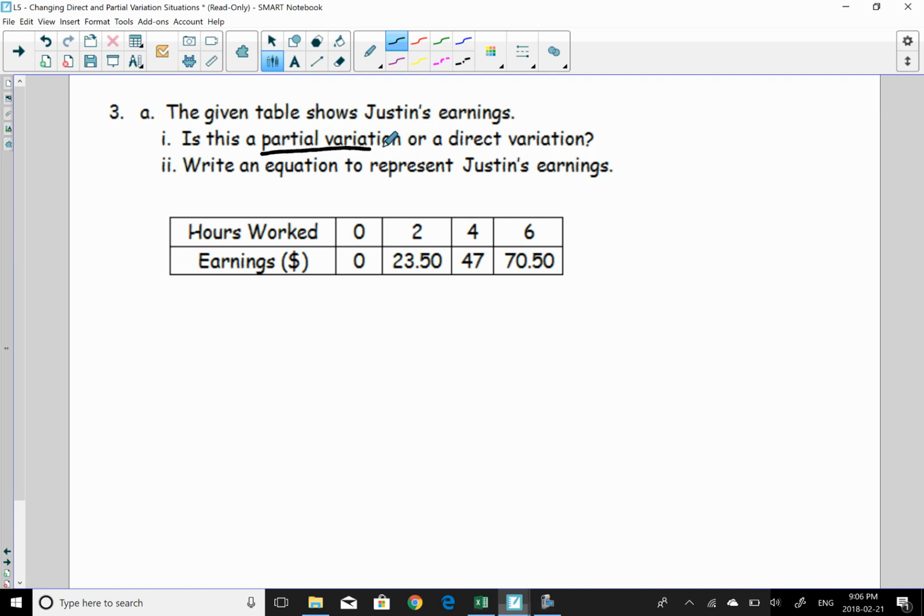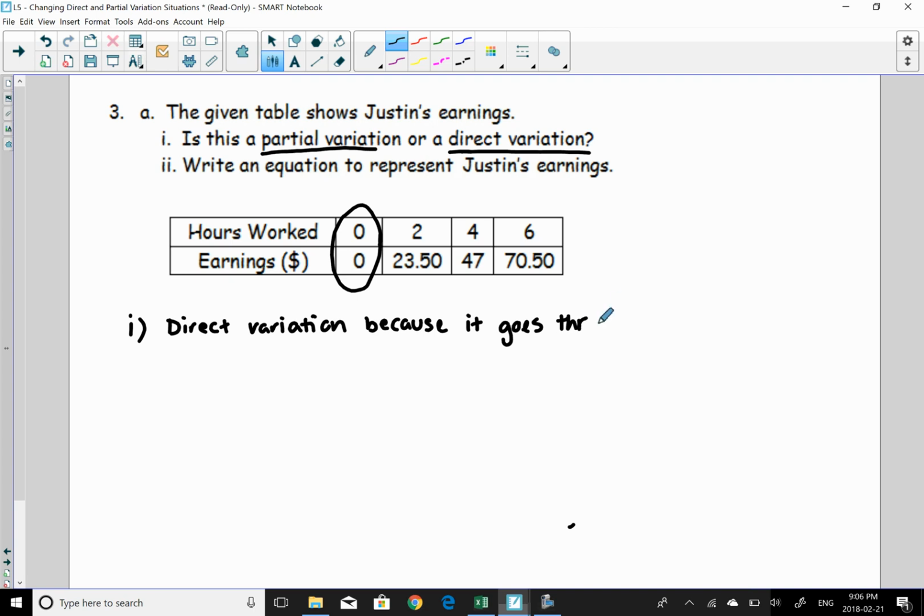So in our previous video, we knew from a table of values that when you see 0, 0, that automatically tells you that it goes through the origin, which means that it's a direct variation. So it's a direct variation because it goes through the origin.